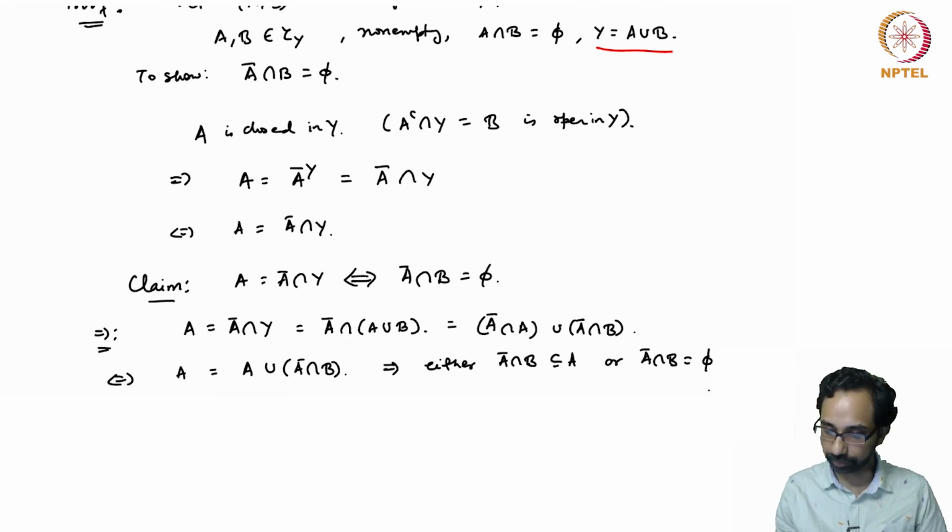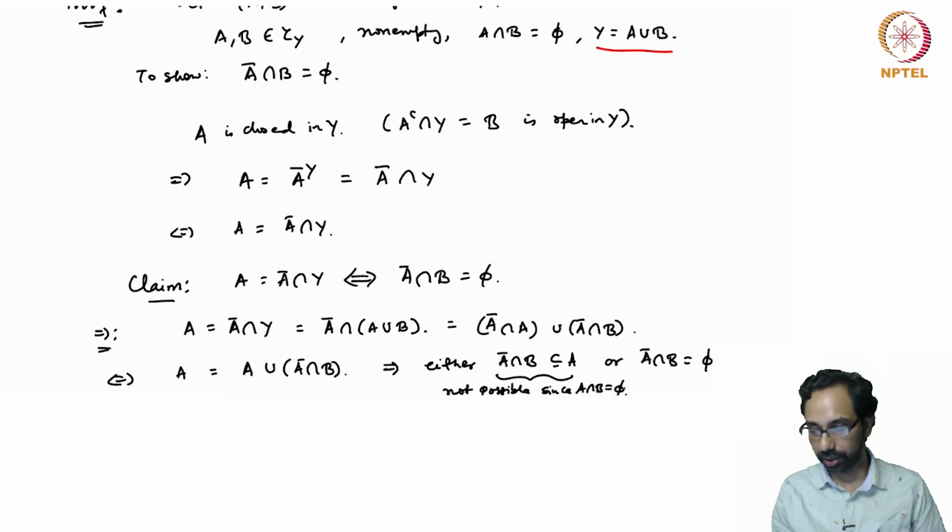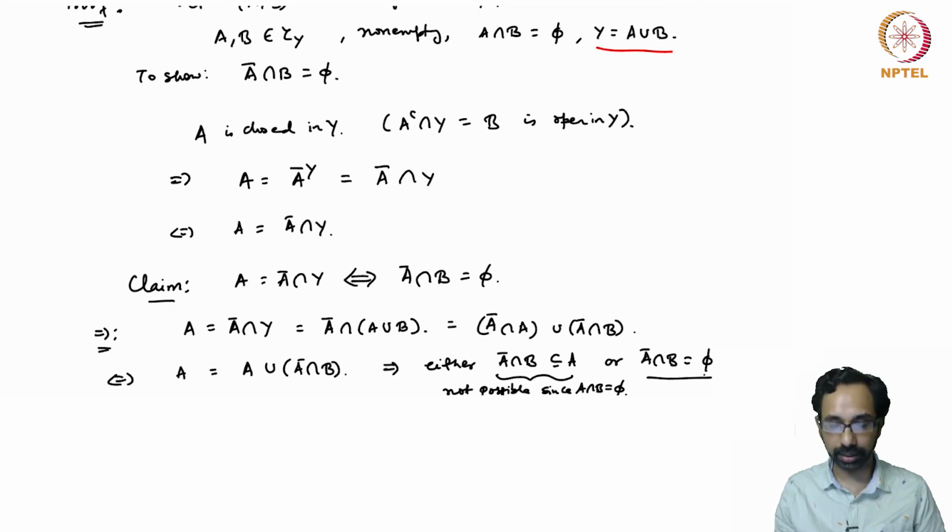But the first part is not possible since A intersection B is empty. So the only possibility is A closure intersection B is empty.